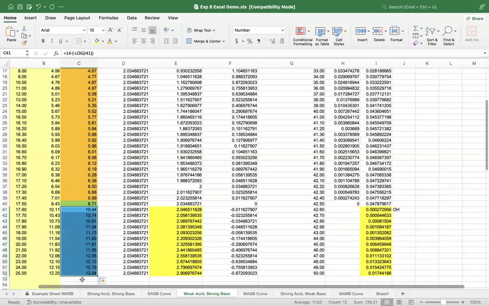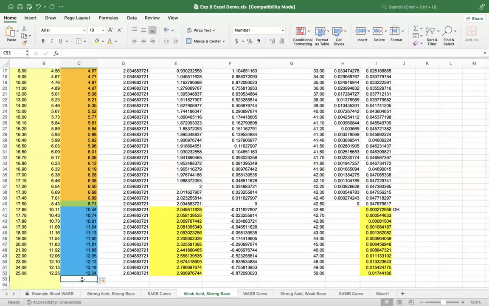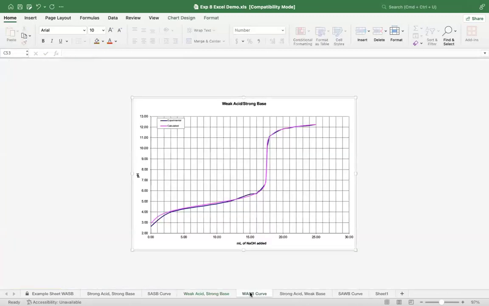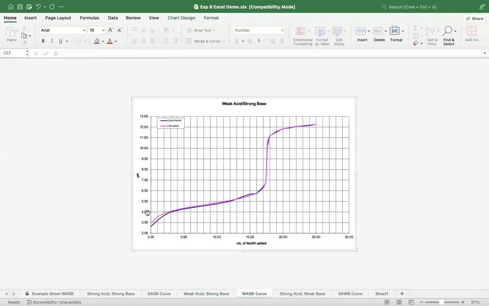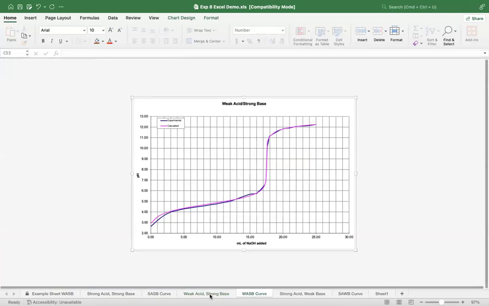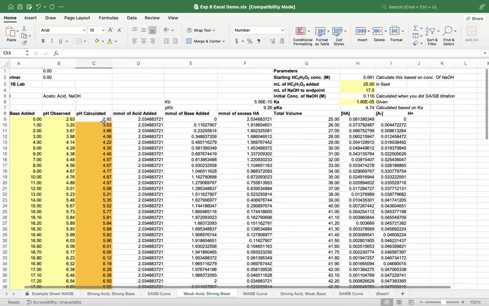And it should fill in for you, like it did for me, those high-end pHs on our curve. So if you look at our curve, oh, this one works really nicely. Fits really well. Started off a little wonky. Maybe I did something wrong up here with this initial calculation. I think I did it right. That's how you calculate the pH of just a weak acid on its own.